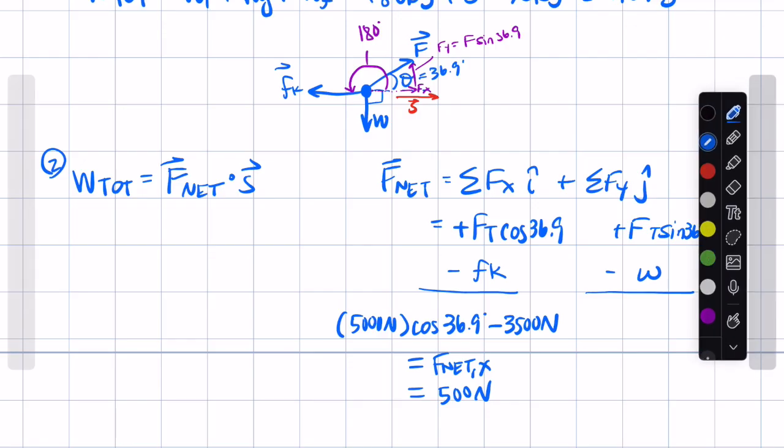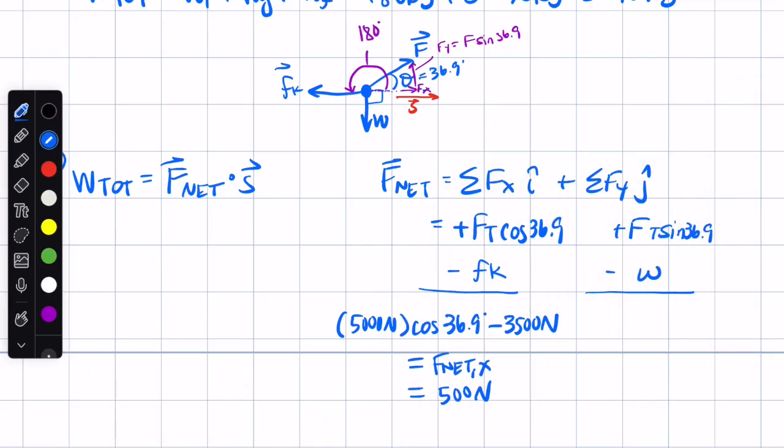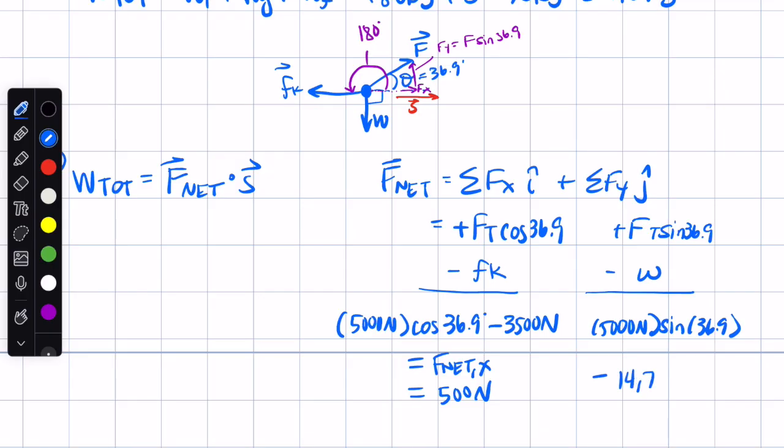Move this guy out of the way. He's always in the way. So the y components, we have Ft sine 36.9, so that's 5,000 newtons sine 36.9, minus the weight vector, which was 14,700 newtons. So that's going to be our F net y. Put that in the calculator.